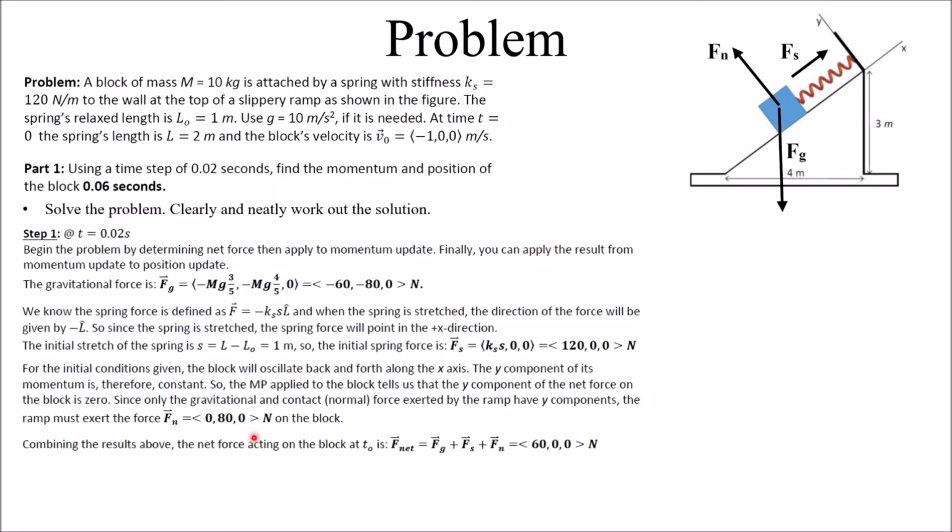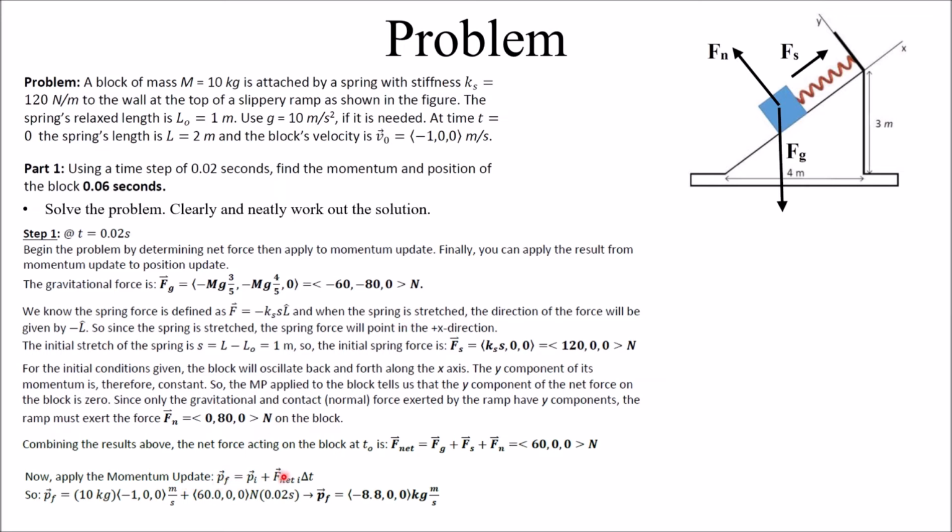And so we finally get to this net force basically just being in the x dimension. Again, we have that battle between gravity and the spring force. At this time, the net force is 60 newtons up the ramp towards that wall at the top of the ramp. And so what we'll do is apply this momentum update.